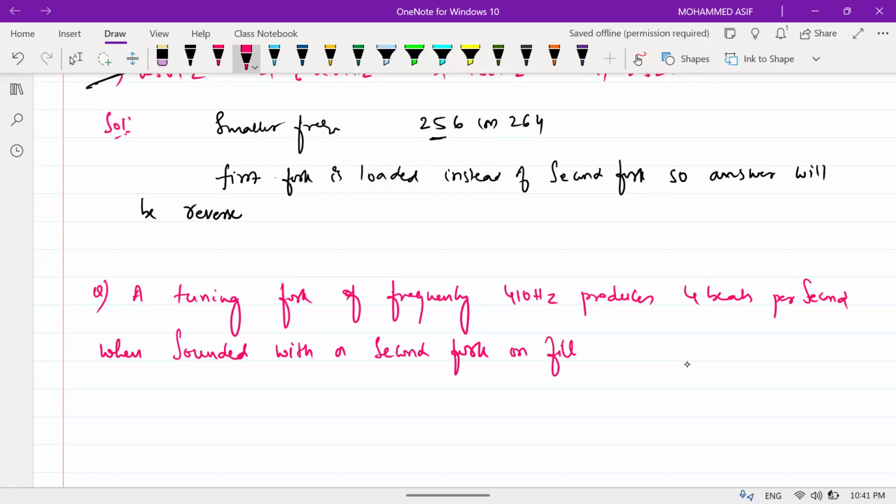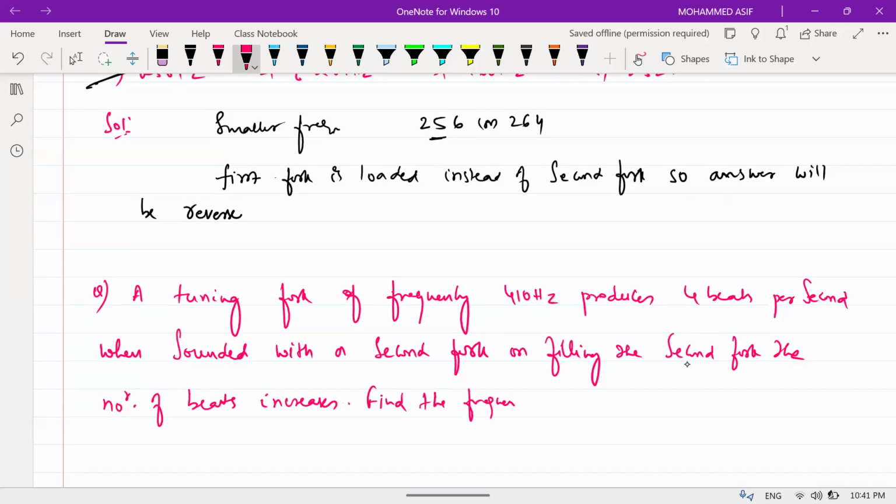Okay, on filing the second fork, the number of beats increases. Filing means cutting into two equal parts. So find the frequency of your second fork. Options are 414 hertz. Next one is 406 hertz. Third one is 420 hertz. And fourth one is 400 hertz.